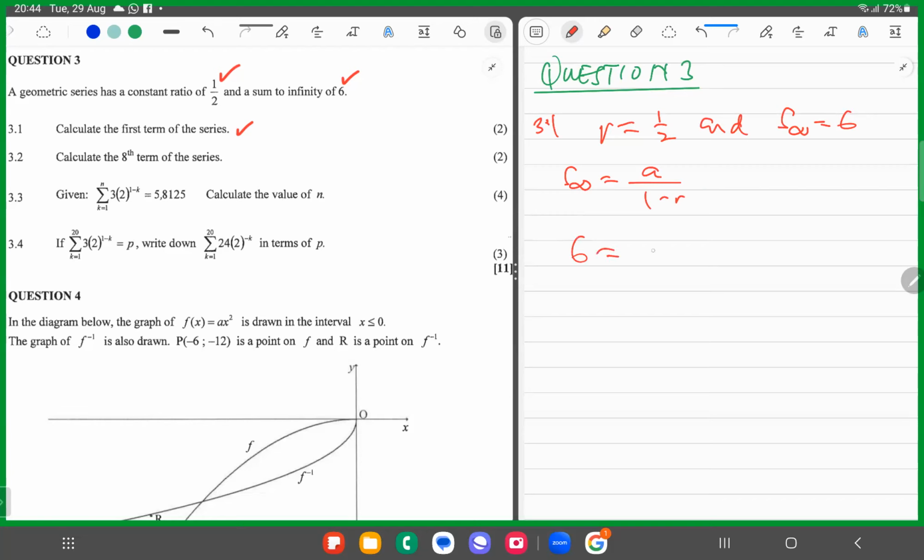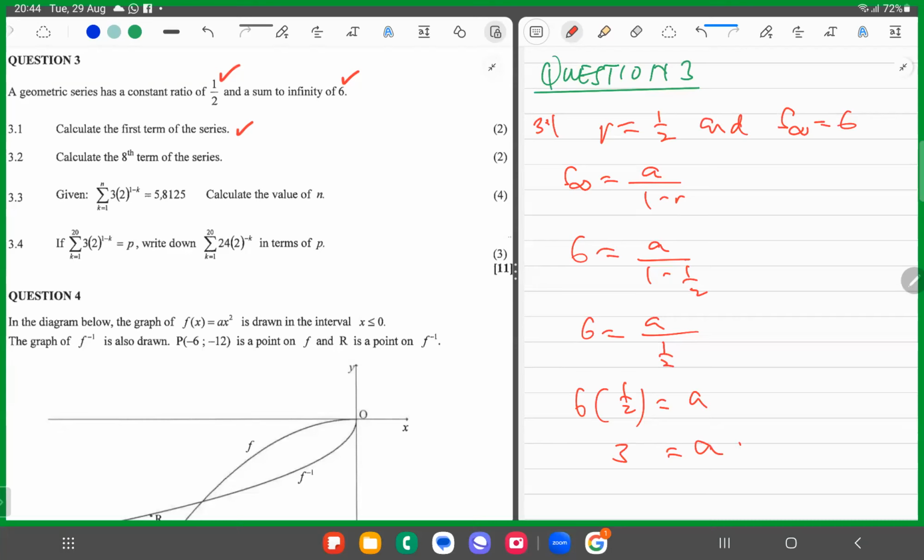What is the first term? A, and the common ratio is r. So what is this? Well, you can write it like this here. 1 minus 1/2 is 1/2. You multiply it through here and you get this, which means A is what? A is 3. So we have A is 3.